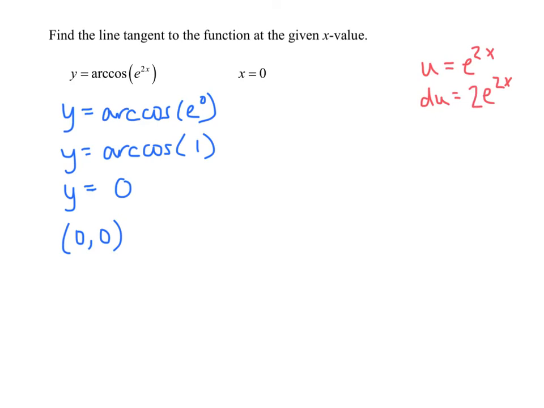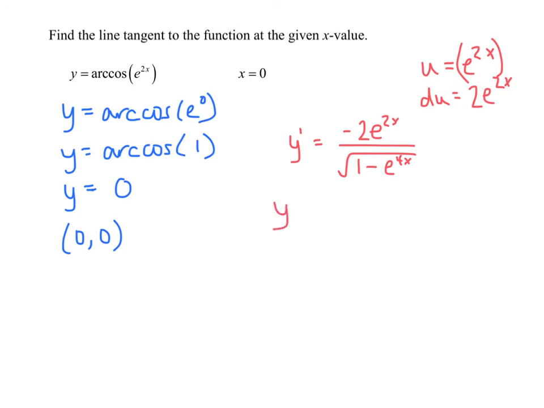All right, so I'm going to say y prime is equal to negative 2e to the 2x over the square root of 1 minus my u value squared. Okay, when you square a power, you multiply the current exponent by 2. So it would be e to the 4x.